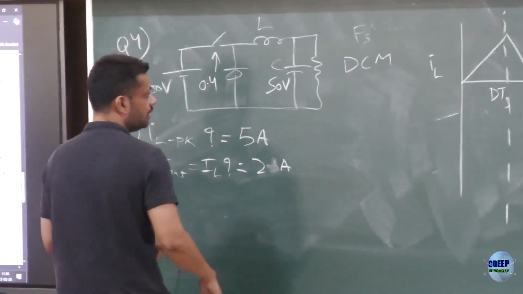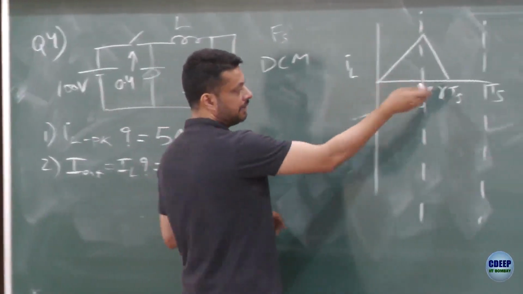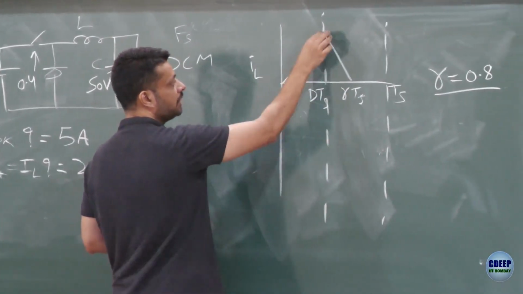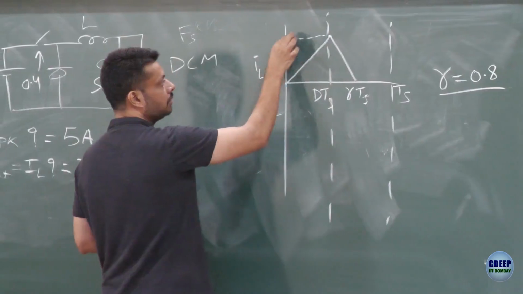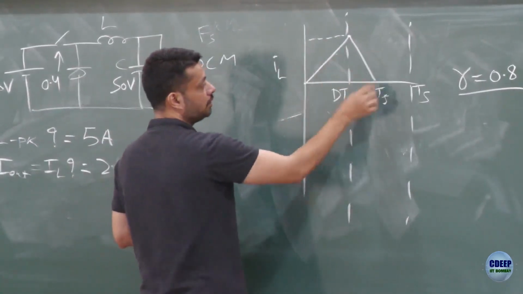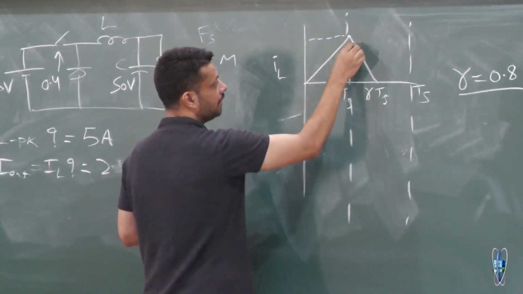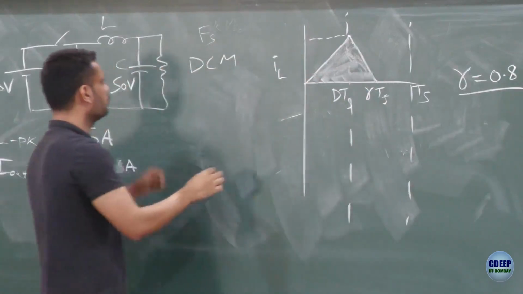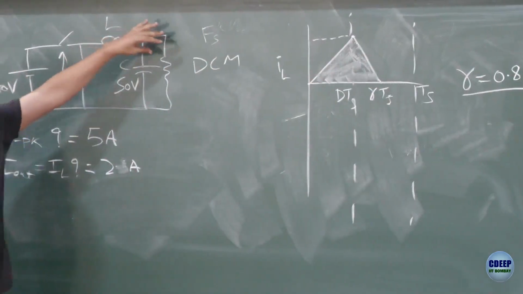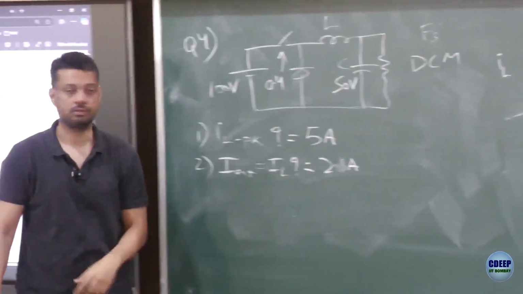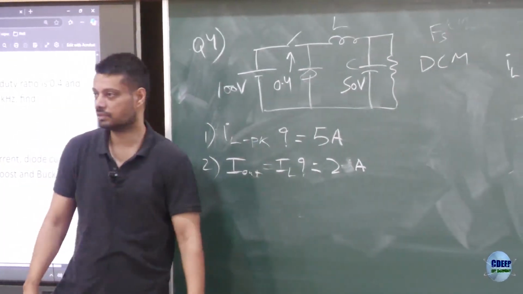For finding the peak you don't need gamma, you know D Ts and the applied voltage, V equals L di/dt will give you the peak value. To find the average you require gamma. You can find the average of this, and that is the average inductor current, which is the same as the average load current, because the average capacitor current is equal to 0. So you should get these answers.